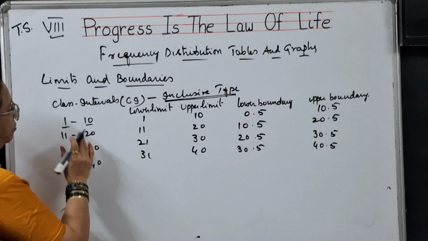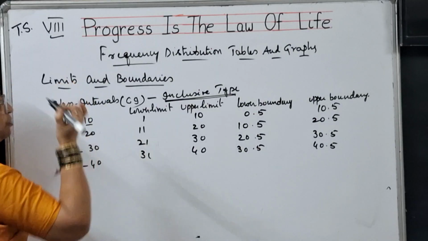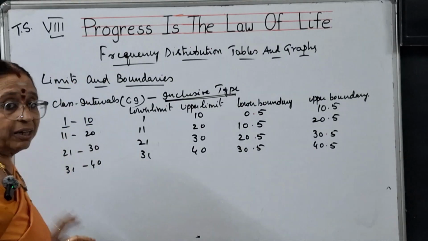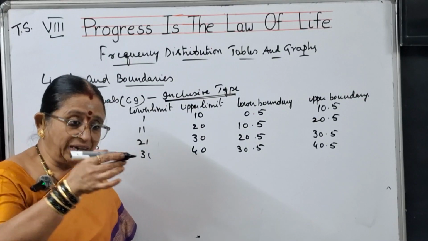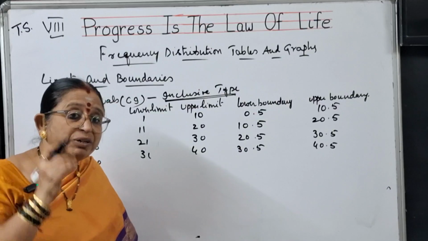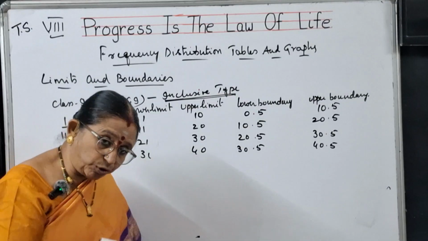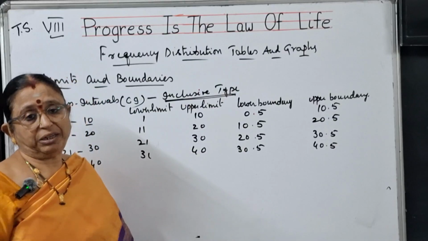What do we mean by inclusive type? Inclusive type means when you are counting the numbers, 10 will be included in this group only. I think you remember the earlier problem, 5 to 10, 10 to 15. Where did I say to keep the mark of 10? In the next group. Why did I say so? Because 10 is repeating.